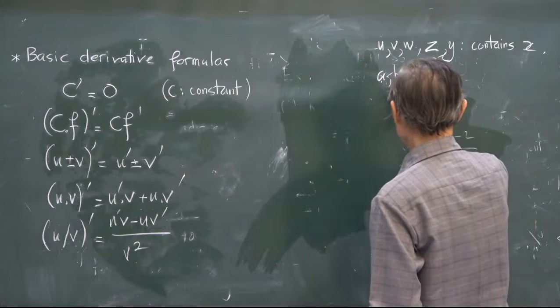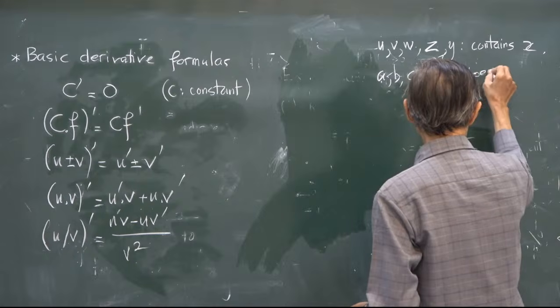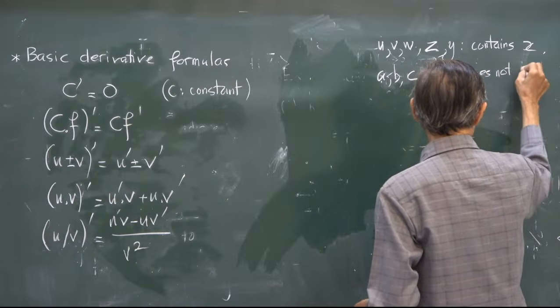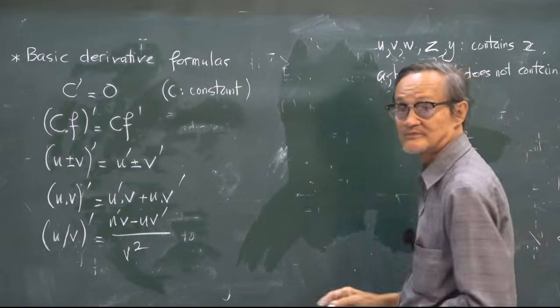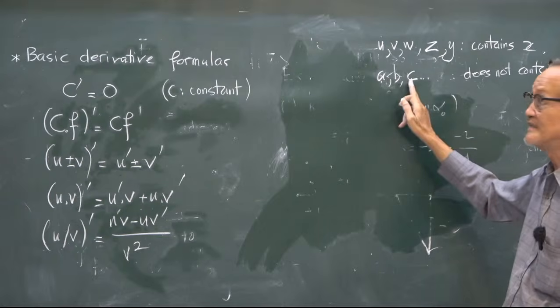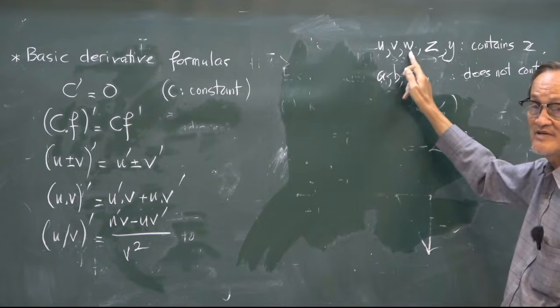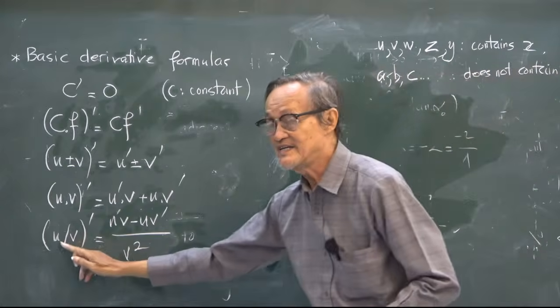A, B, C does not contain x. Okay. U, V, W, Z, Y contain x.